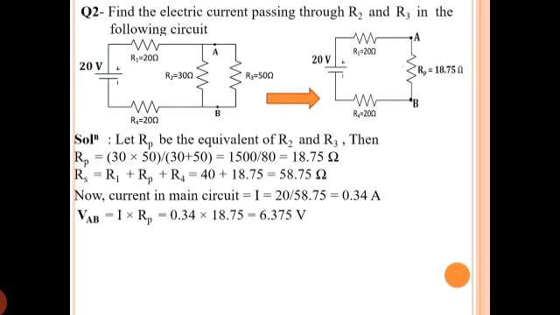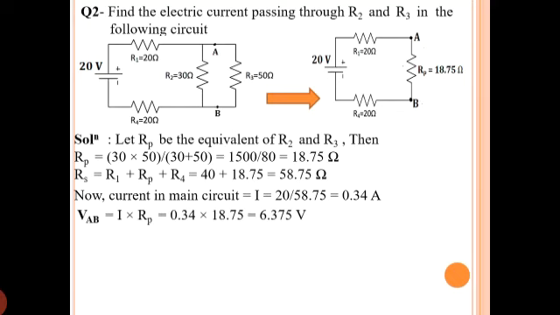And now we have to find the current flowing through R2 and R3. To find it, we should know the potential difference across R2 and R3, and since they are in parallel, both will have the same potential difference. So we can say the potential difference across AB will be VAB is equal to I into RP, because between A and B the resistance is RP.